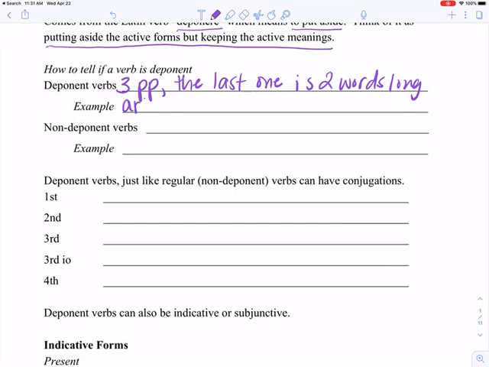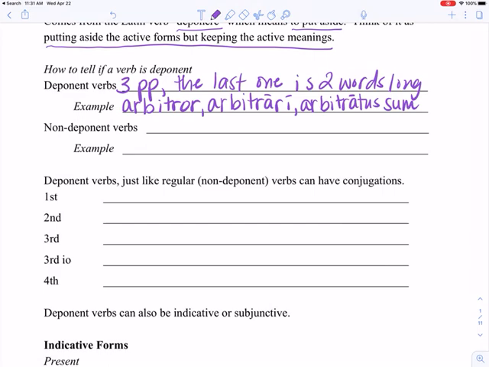Arbitror, arbitrari, arbitratus sum. Let me put some macrons in there. This is a deponent verb.